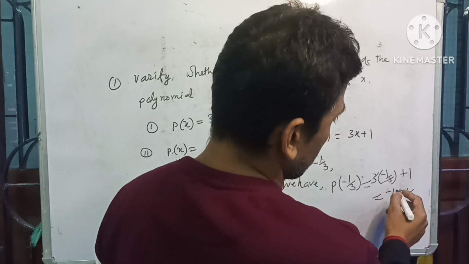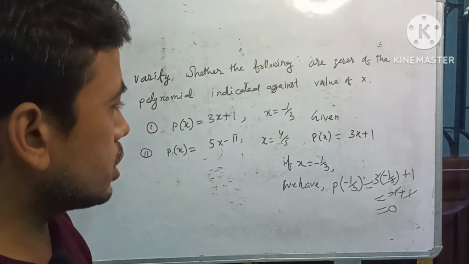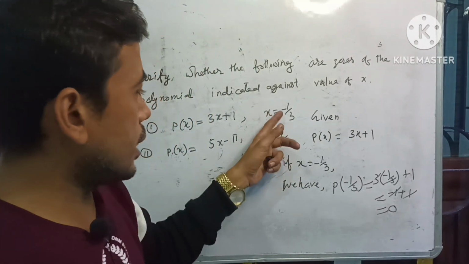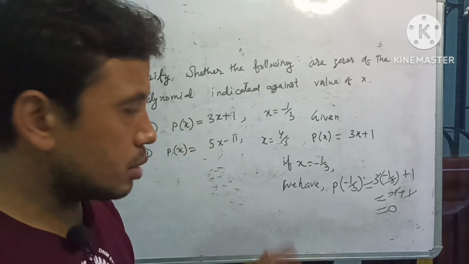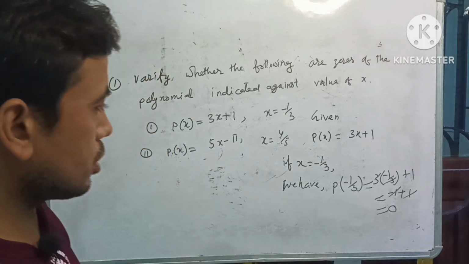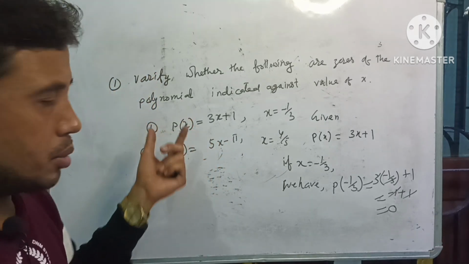Now we can cancel minus 1 plus 1. So this is equal to 0. We see here, if we put x is equal to minus 1 by 3, the polynomial becomes 0. So by definition, x is equal to minus 1 by 3 is a zero of this polynomial.